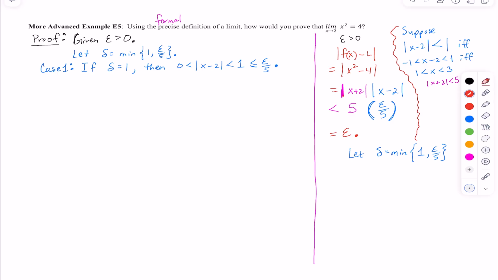Once you establish that, we're going to go ahead and simplify the distance between f of x and L. We know the absolute value of x plus 2, because delta is equal to 1, will be less than 5.